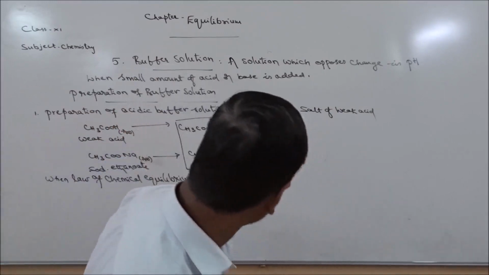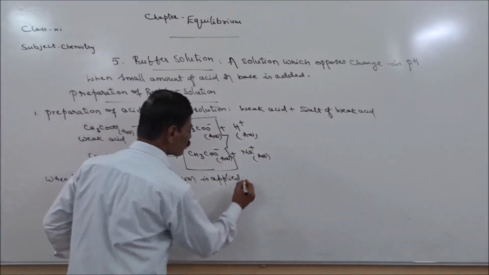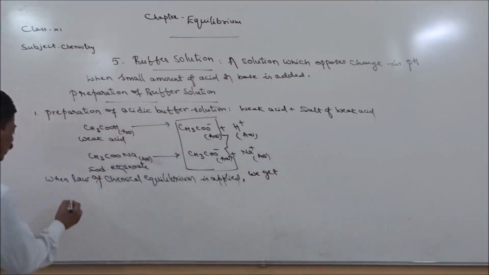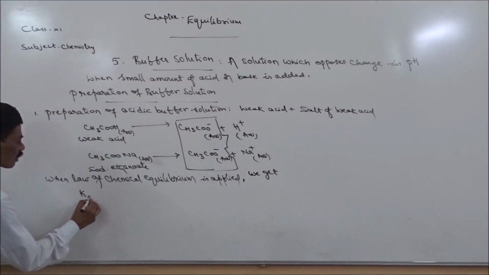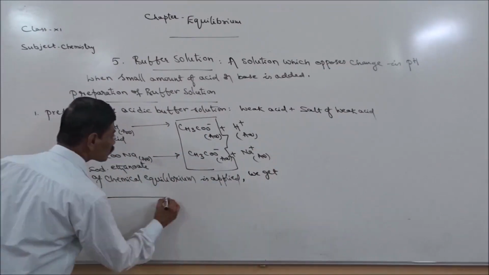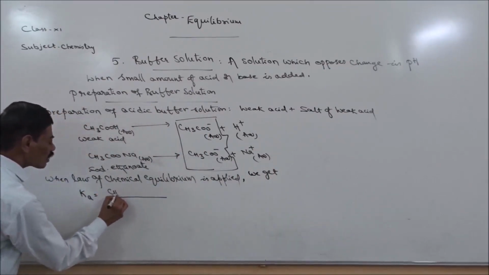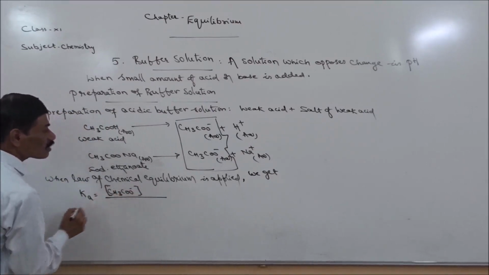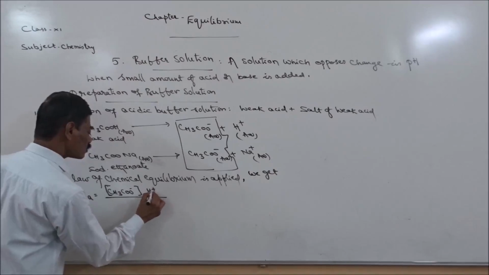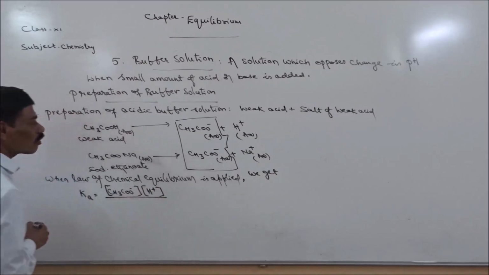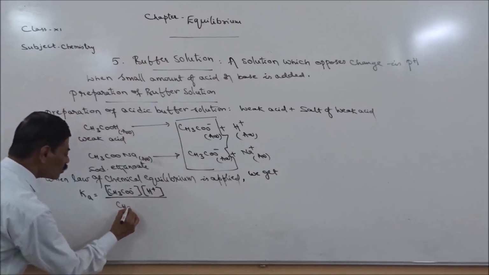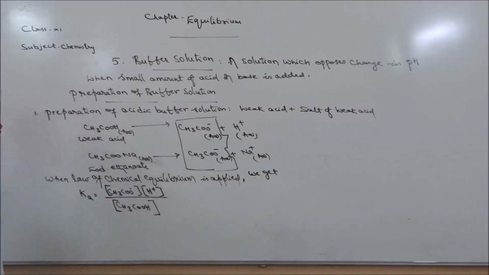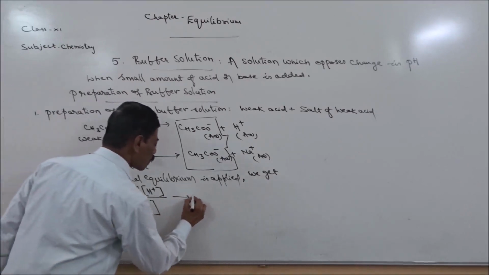So when the law of chemical equilibrium is applied here, we get Ka, that is the ionization constant of acid, is equal to the molar concentration of ethanoate ion multiplied by the molar concentration of proton divided by the molar concentration of ethanoic acid. Right, let this be equation number 1.